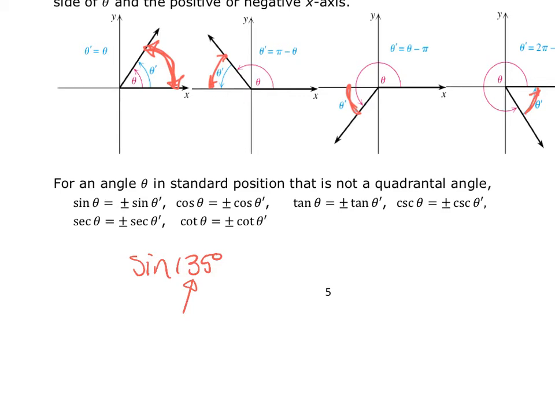So I'm going to take 180 and subtract off 135, because 180 is my closest x-axis. And so my reference angle is 45 degrees. So the sine of 135 is the same thing as the sine of 45 degrees when I go to do the evaluation of it.